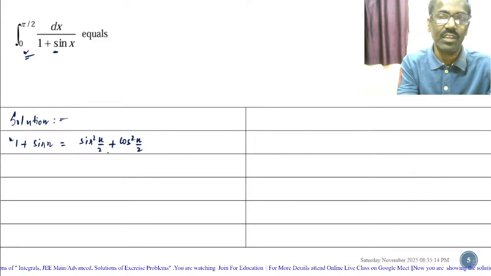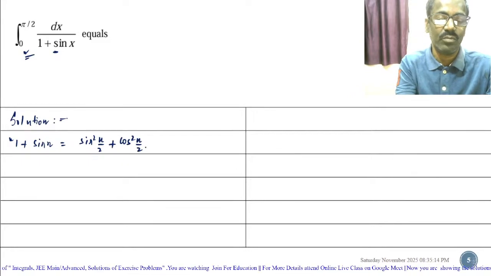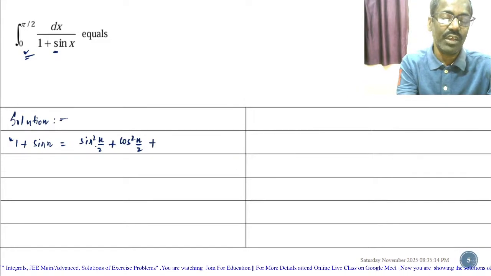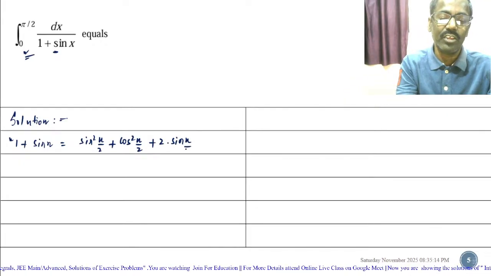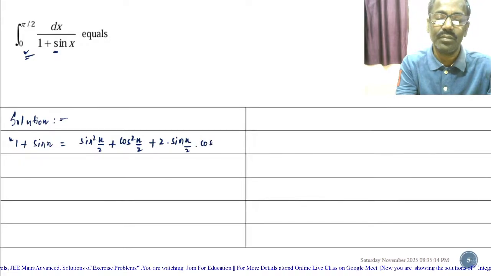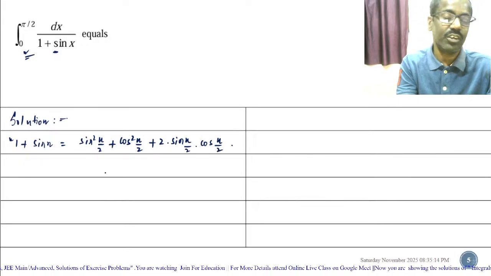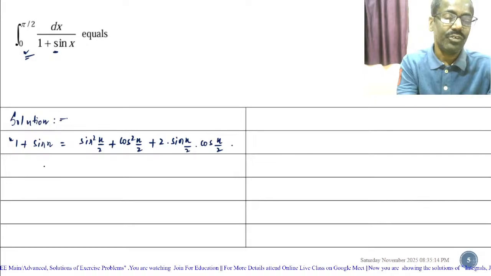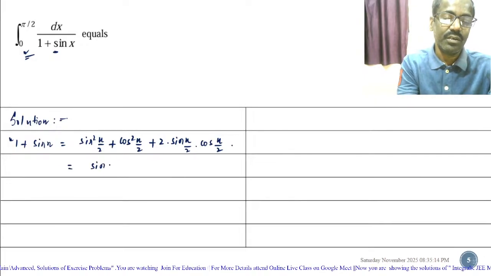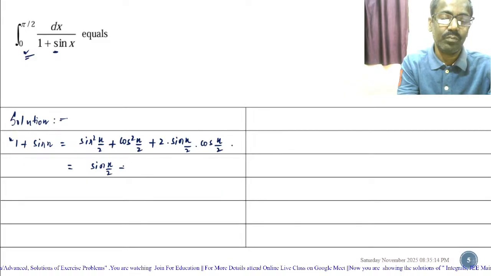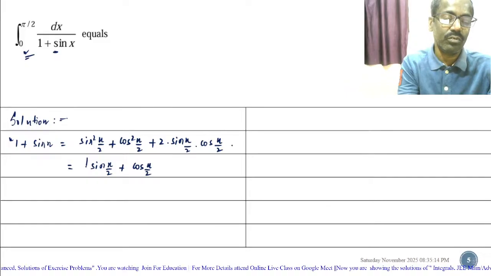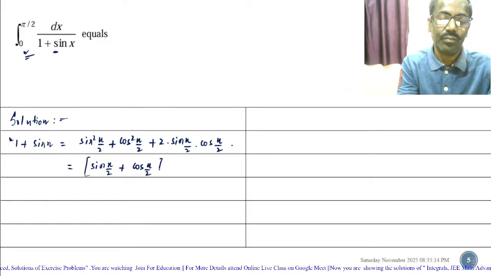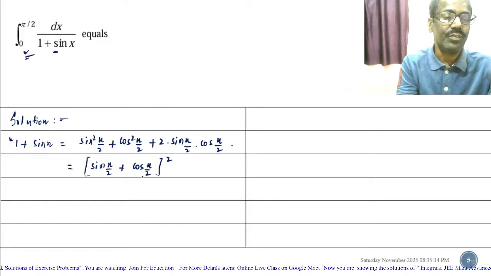It means that sin square theta plus cos square theta equal to 1. For sin x we write 2 into sin x by 2 into cos x by 2. So this one will be sin x by 2 plus cos x by 2, the whole to the power 2.